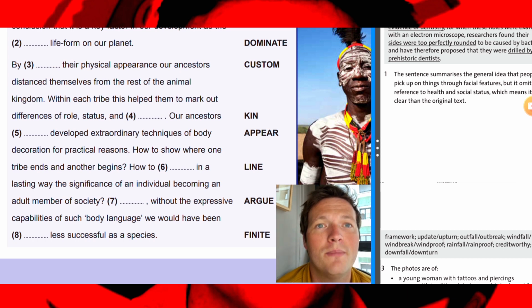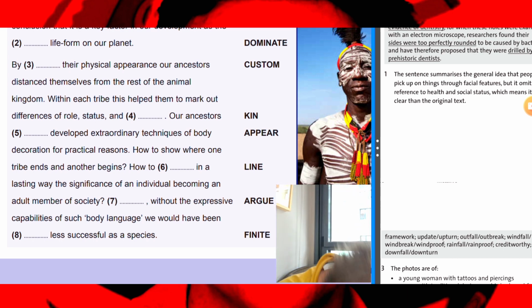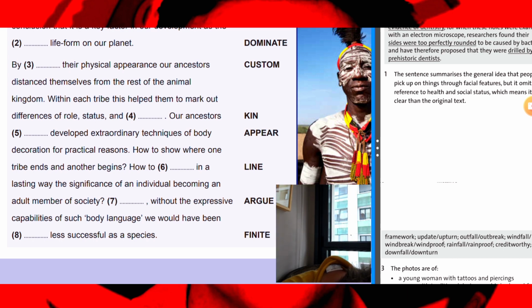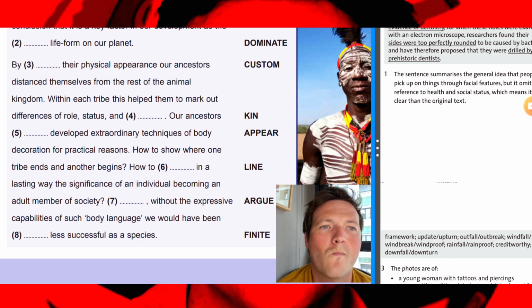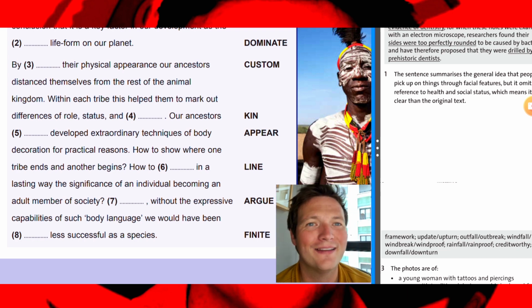Within each tribe, this helped them to mark out differences of role, status, and, I guess, relation to one another. I think it's kinship.